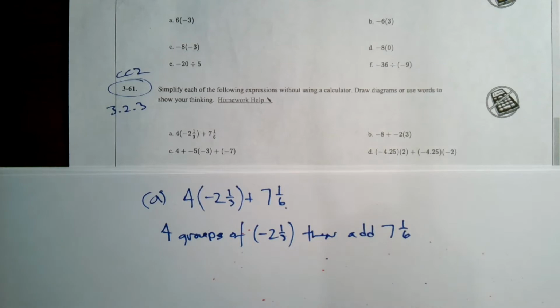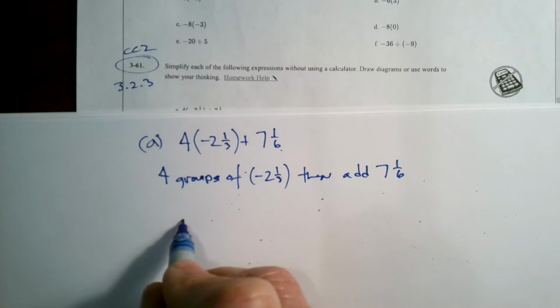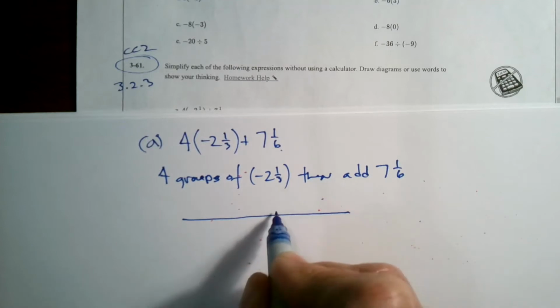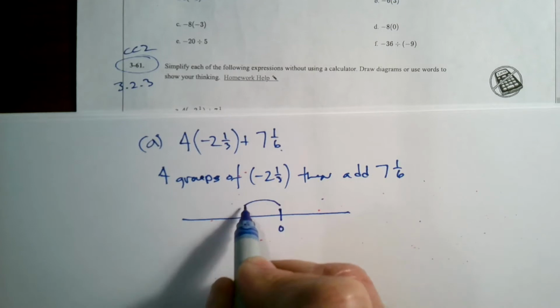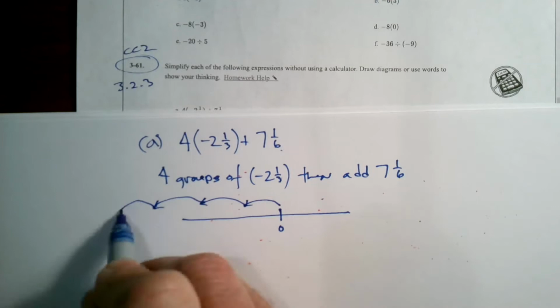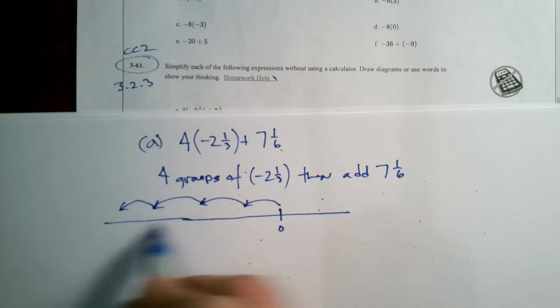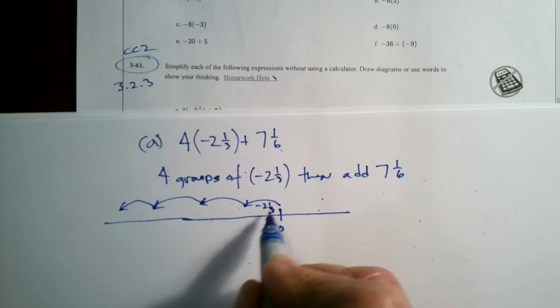7 and 1/6. And if we're looking at a diagram, the concept is that I'm starting at 0 and taking 4 leaps in the negative direction of that -2 and 1/3.